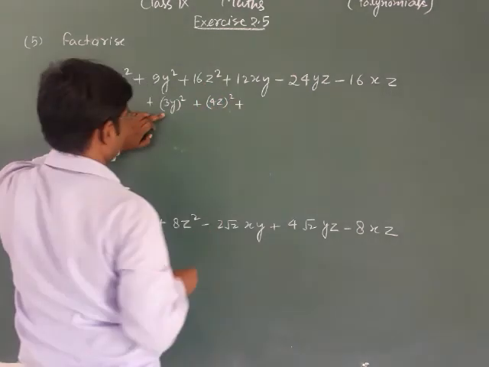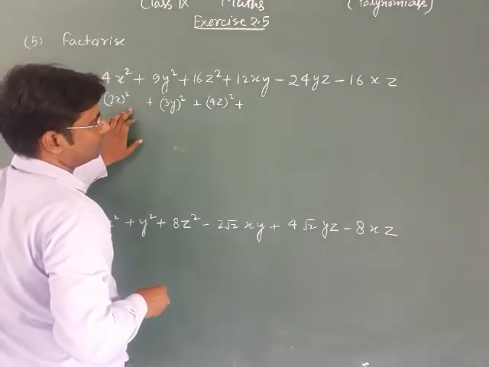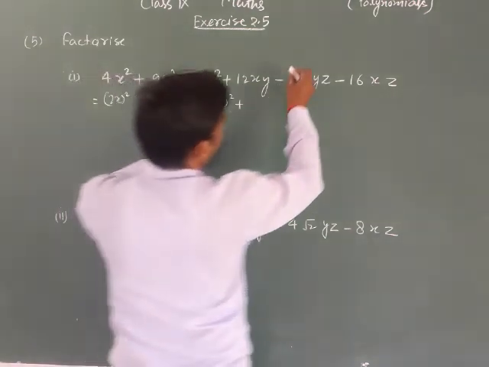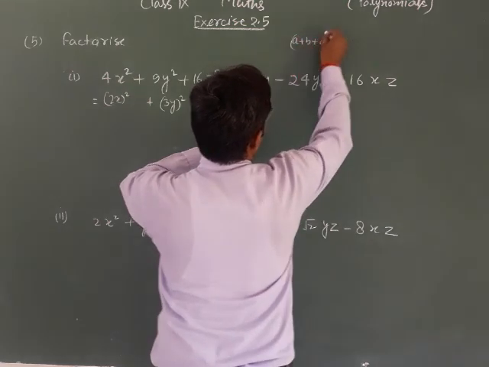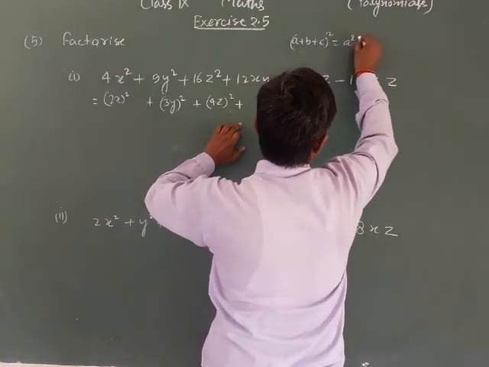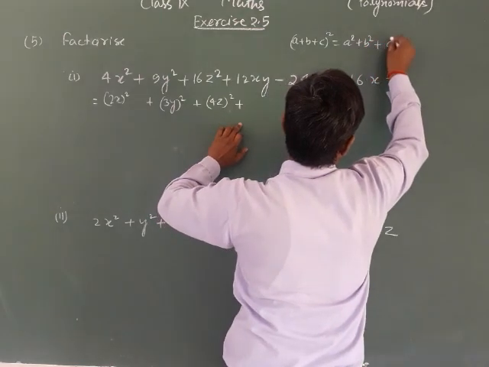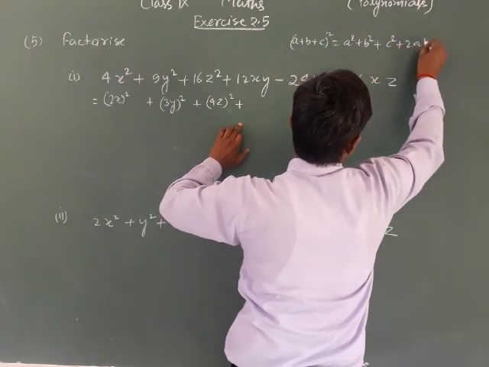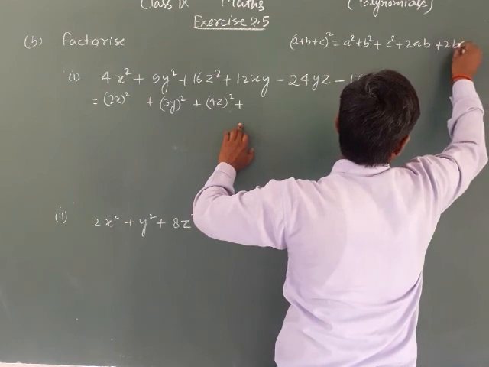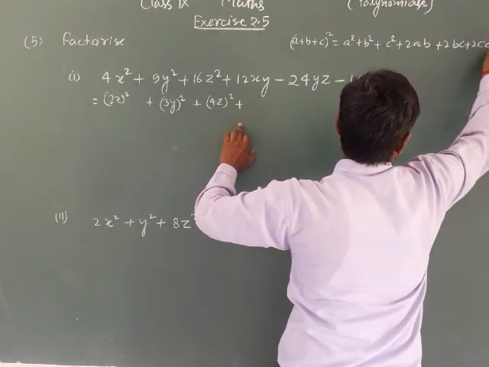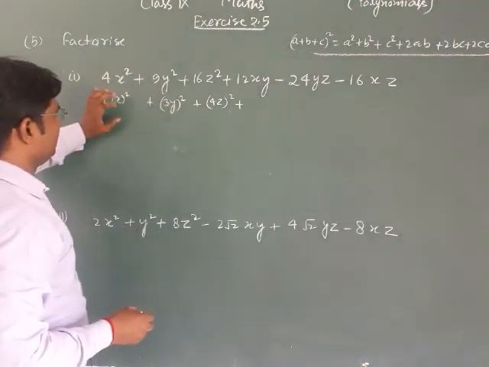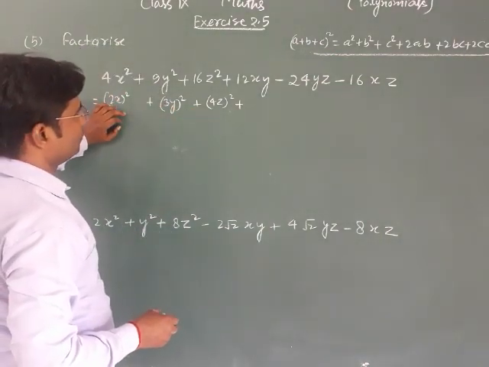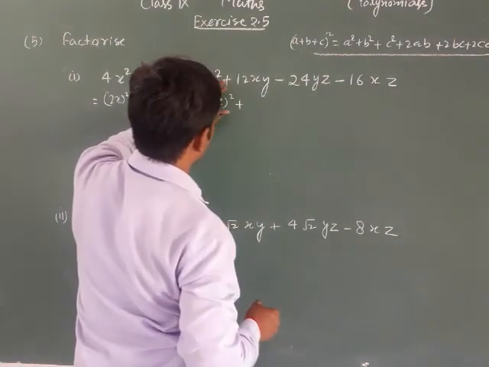We know the identity (a plus b plus c) whole square is equal to a square plus b square plus c square plus 2ab plus 2bc plus 2ca. So use this identity here. Now this is positive.